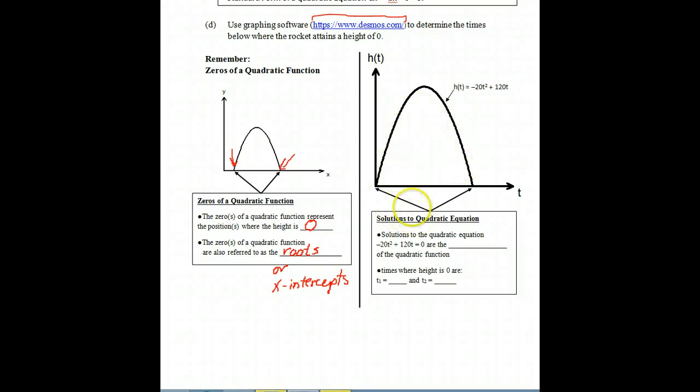So over here, the solutions to the quadratic equation are 0 seconds and 6 seconds. Oh, sorry, they want the roots, and the times are here, 0 seconds and 6 seconds.